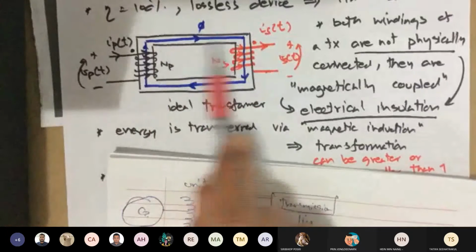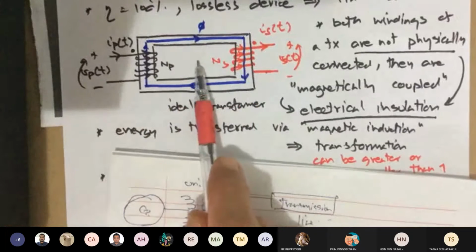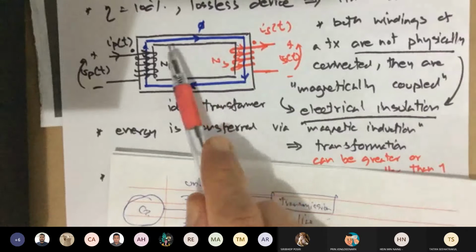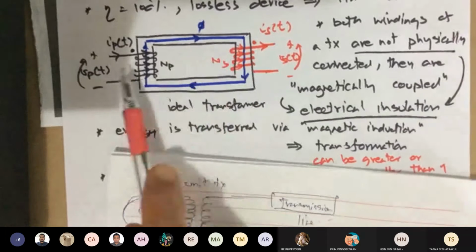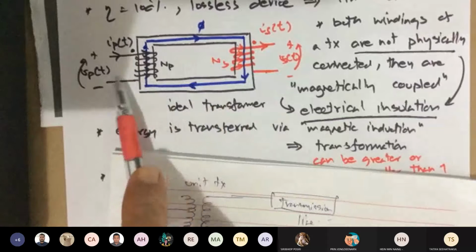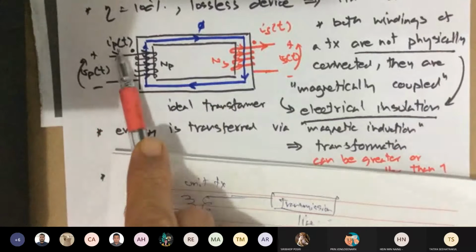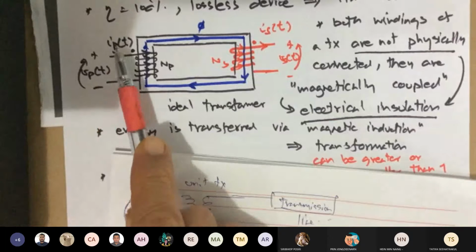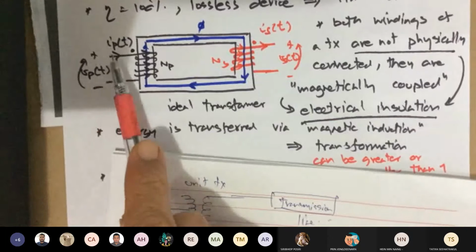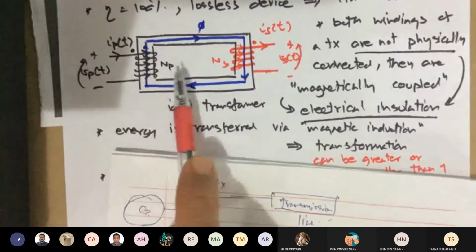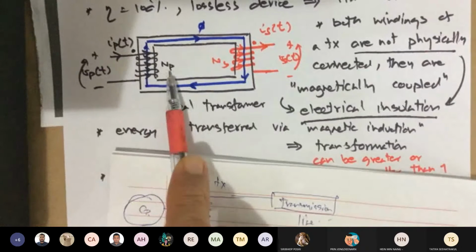This is not a practical construction, but just a simple shell type. I'm sorry, core type construction. We have windings, the black, primary, again connected to phase voltage. V sub P supplies the primary voltage, giving you primary current into the primary coil with N sub P turns.